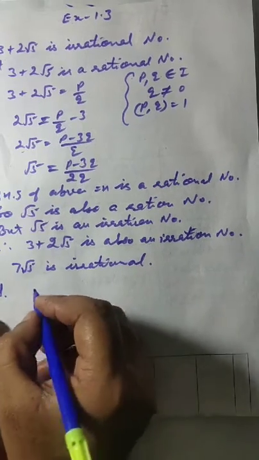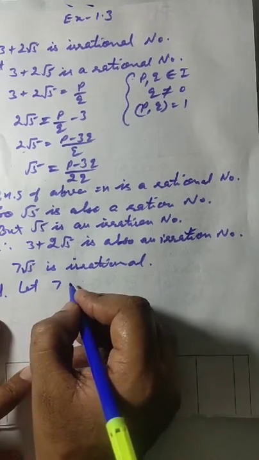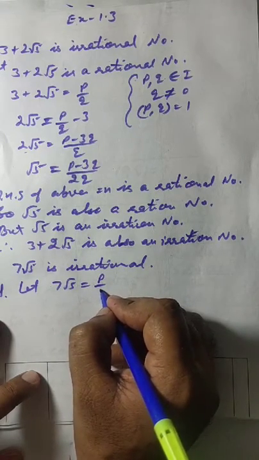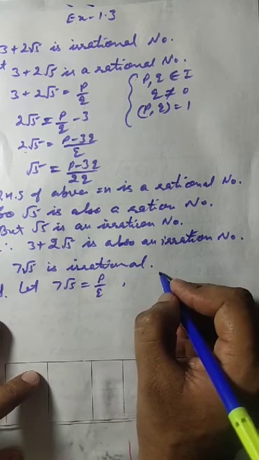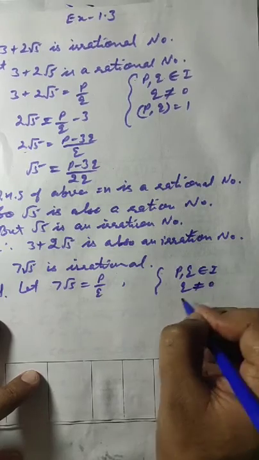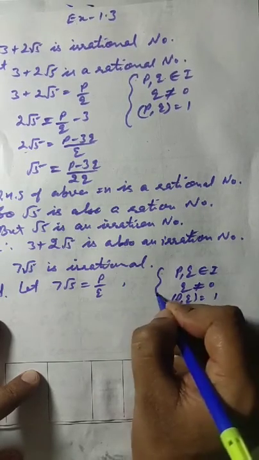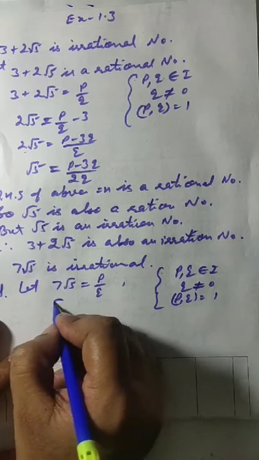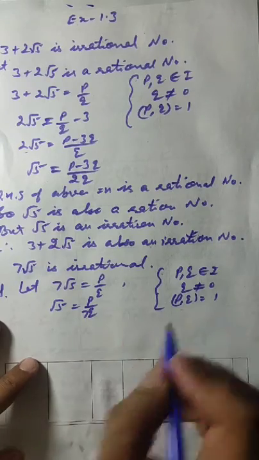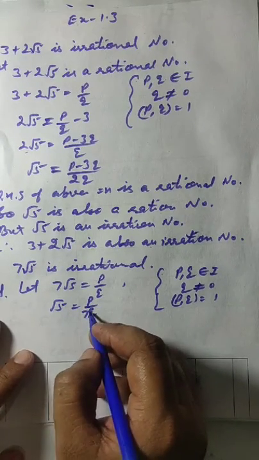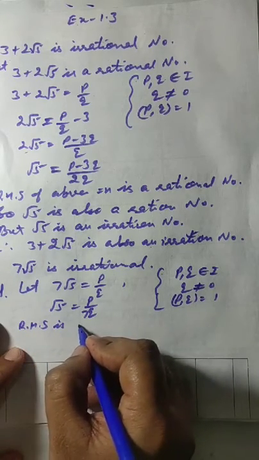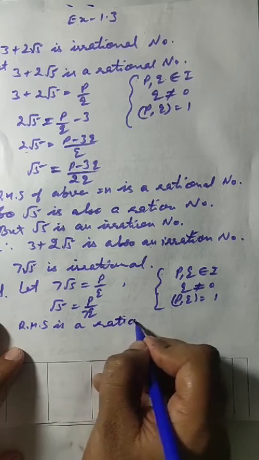Solution. Let this be expressed as p by q, where all the three conditions exist again. So root 5 is equal to p upon 7q, as p and q are co-prime, so they form a fraction. Therefore the RHS is a rational number.